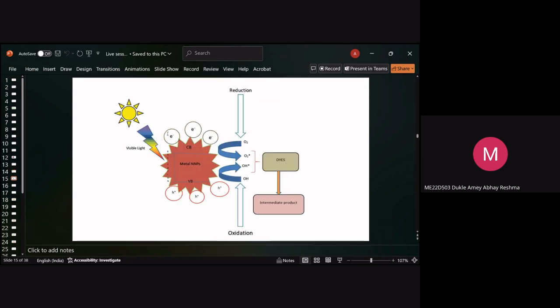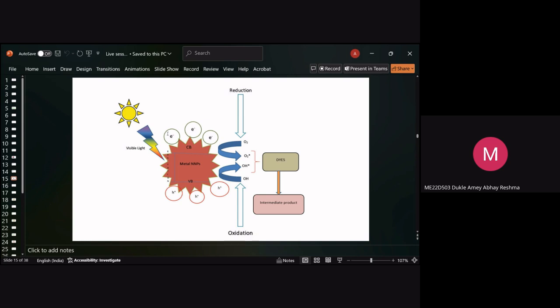The nanoparticles of ferrous oxide and titanium dioxide act as nanoparticles, and they absorb the light, which leads to surface activation, because we had studied last time also that titanium dioxide is used as a photocatalyst.